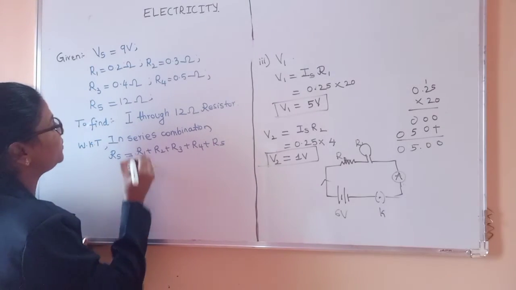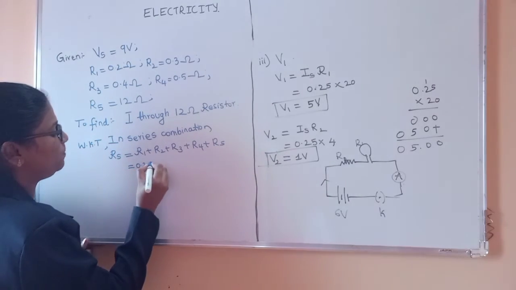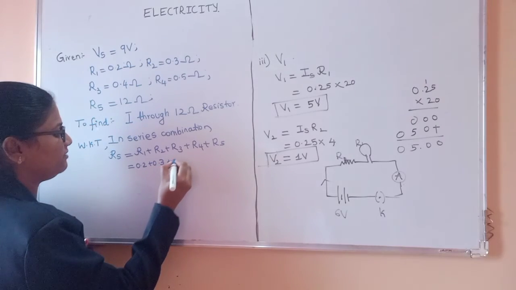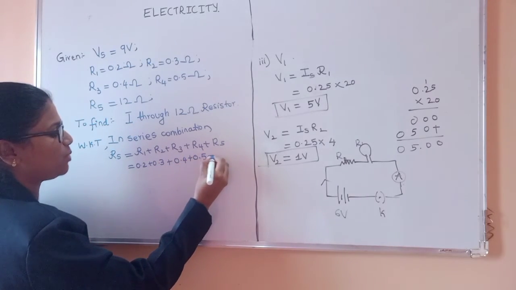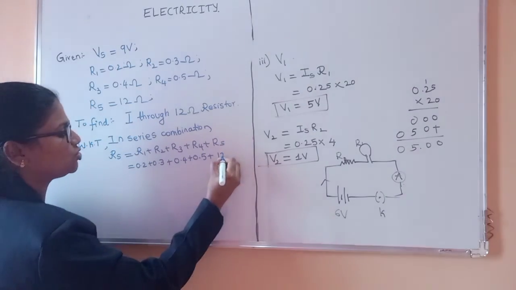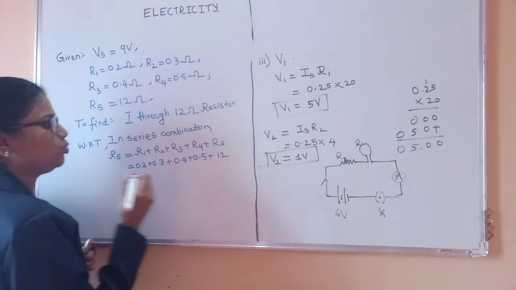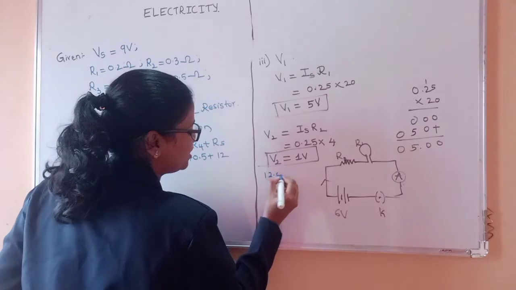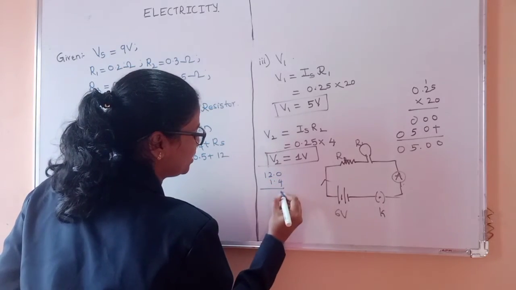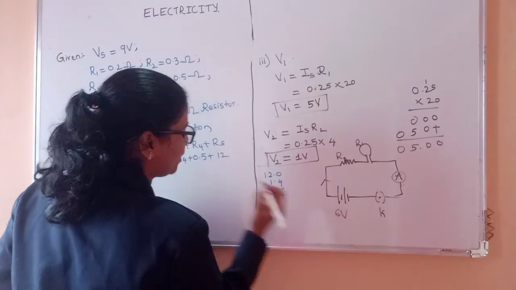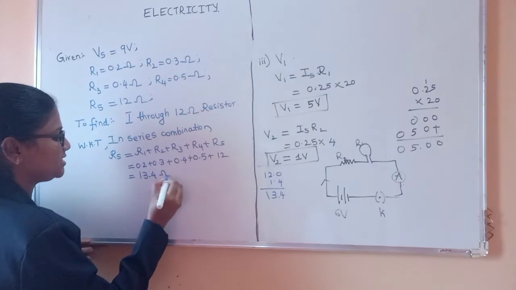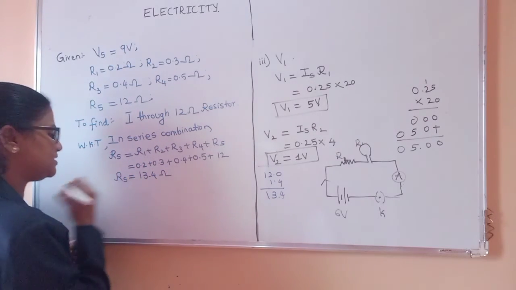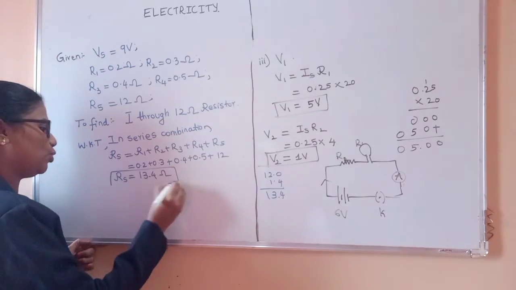So when you add all those, 0.2 plus 0.3 is 0.5, 0.5 plus 0.4 is 0.9, 0.9 plus 0.5 is 1.4, plus 12. So you will get 13.4 ohm. So the total resistance in series is 13.4 ohm.